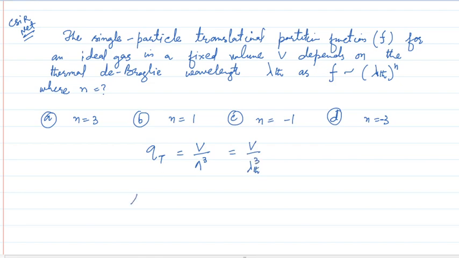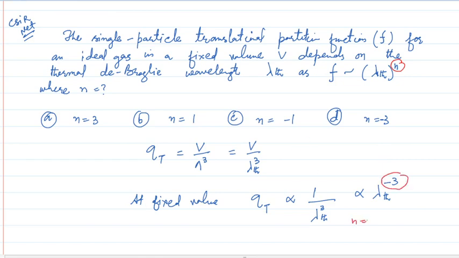If at fixed volume, that means this volume is constant, we can simply write that this translational partition function will be directly proportional to the thermal wavelength raised to power minus 3. So if you compare this n, it is simply equal to n is equal to minus 3. So option number 4 was the right answer here.